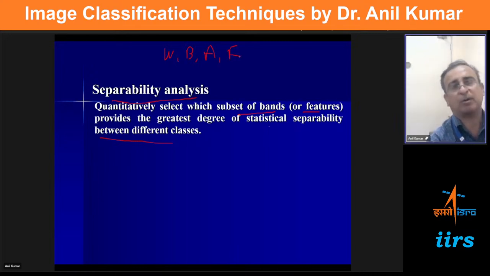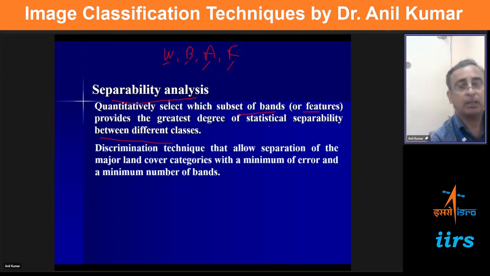So what is the optimum number of bands out of 10 that should be selected so that it gives the maximum separation between water, built up, agriculture, and forest? That is the objective of separability analysis, and it does this quantitatively. With some quantitative values we can find out the subset of bands.